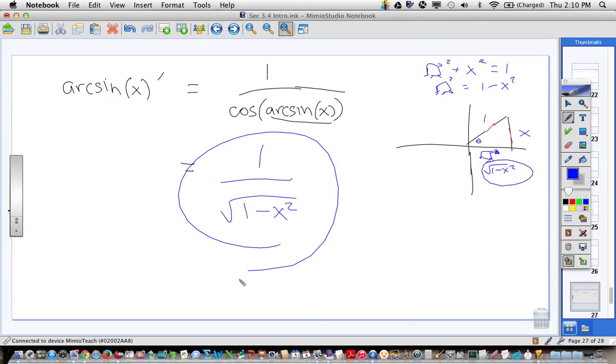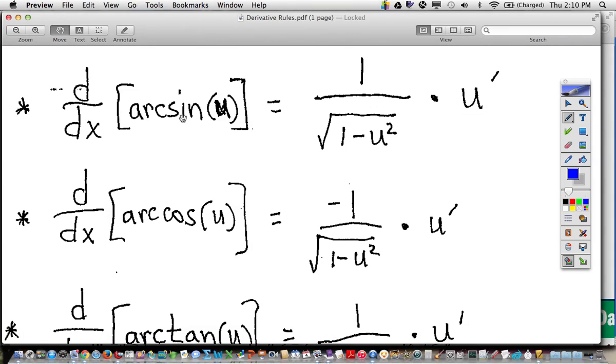If I go back to the rule page, to my derivative rules that I've got on the website for you, here's what it says. If you're going to do the derivative of arc sine of some stuff, that's a u in there, it'll be 1 over the square root of 1 minus the stuff squared times the derivative of the stuff.